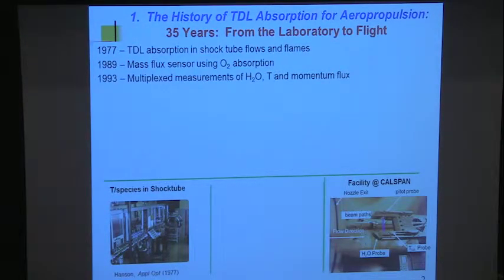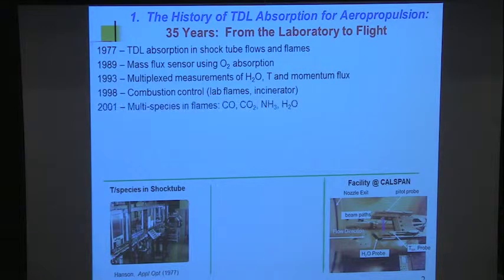A little bit later, we went to Calspan, now called Kubrick, in Buffalo, New York, where they have a hypersonic shock tunnel, which produced Mach 16 flows, and we showed that we could make measurements in a Mach 16 flow to help characterize the performance of that tunnel.